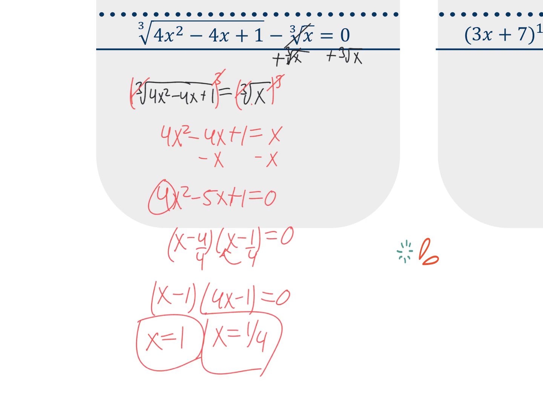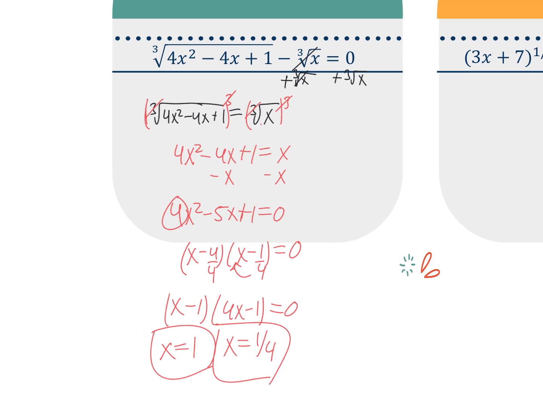Now, in some cases, you don't need to check, right? You can if you want to be absolutely certain, but in some cases, it's easier if you just use some number sense, right? The only reason why some of the other problems would have gotten us an extraneous solution is if maybe we got a negative underneath the radical, or we got something equal to a negative, right?